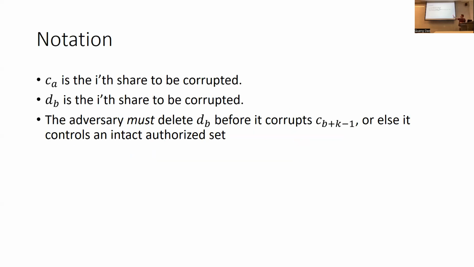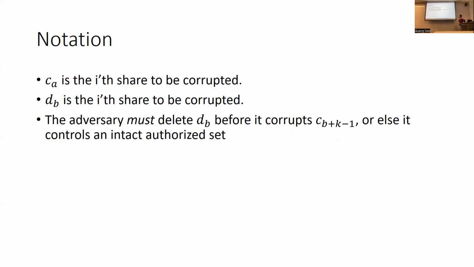I'm going to introduce a little bit of notation. C sub a is the a-th share to be corrupted, and D sub b is the b-th share to be deleted. Sorry about that. Now I'd like to note that in the case of threshold secret sharing, the adversary must delete D sub b before it corrupts C sub b plus k minus 1.